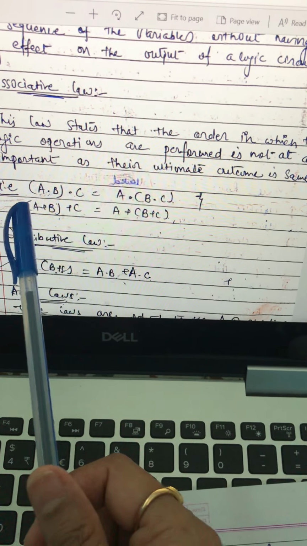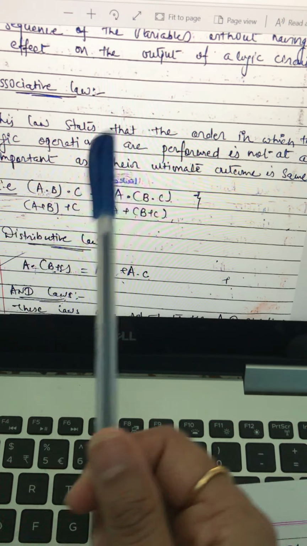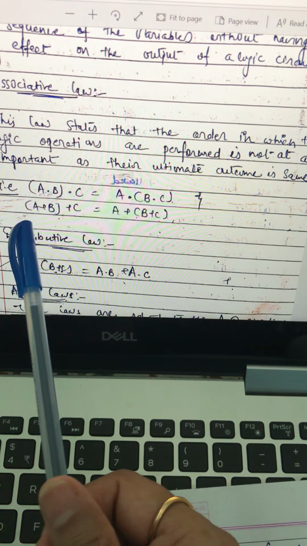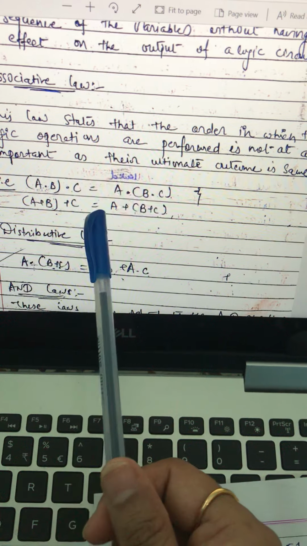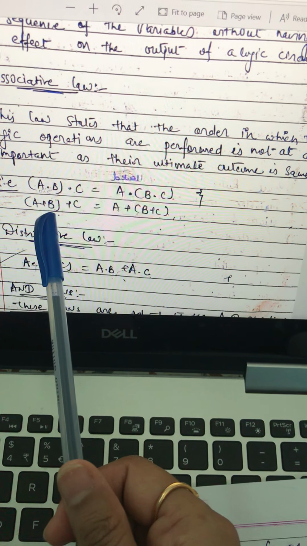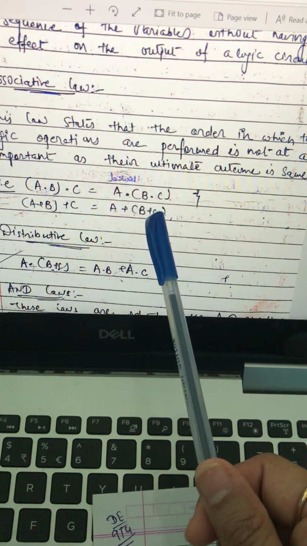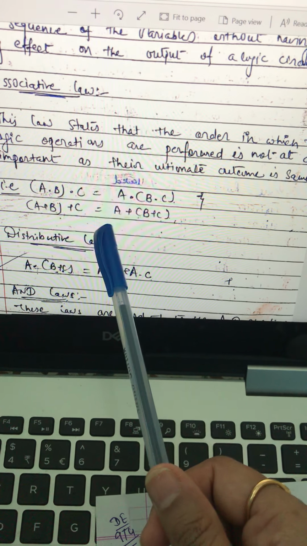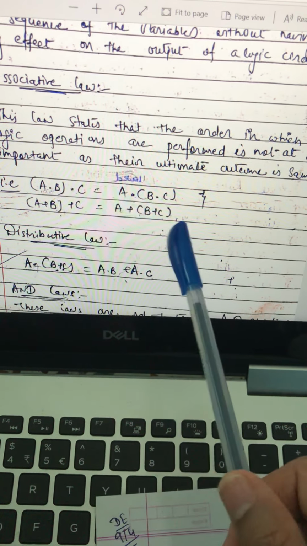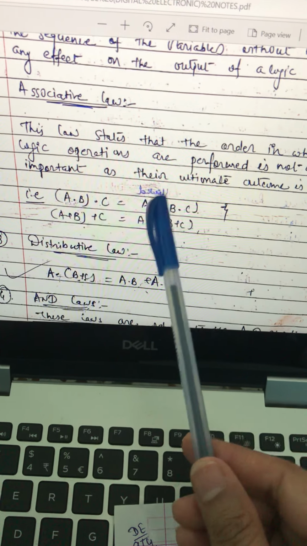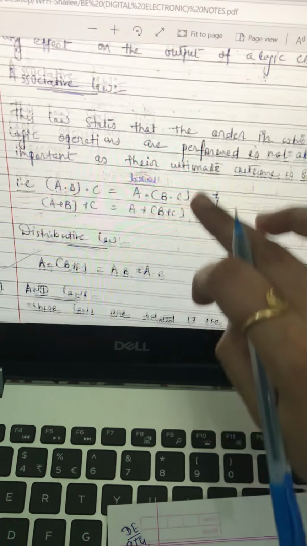Let's use addition this time, because previously I showed you multiplication. Take 2, 3 and 4. So 2 plus 3 equals 5, plus 4 equals 9. Now 3 plus 4 equals 7, plus 2 equals 9. So 9 equals 9. That is why it also follows the associative law.